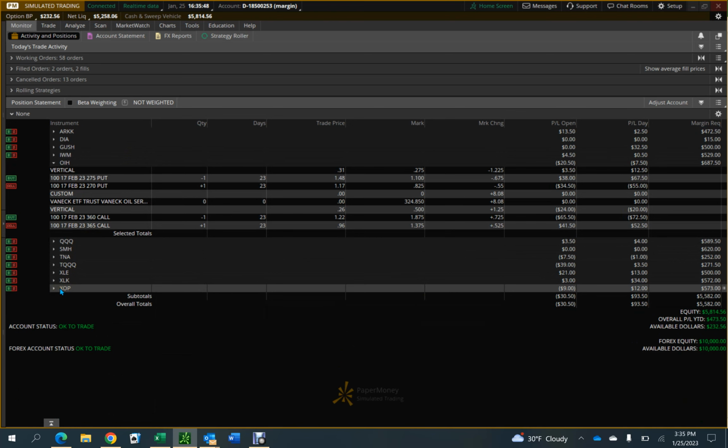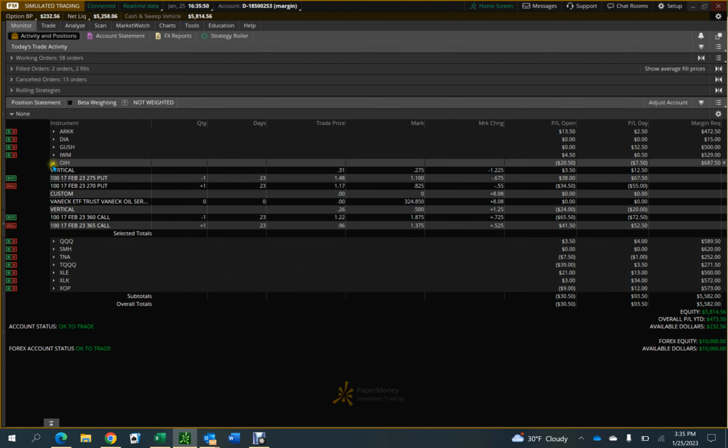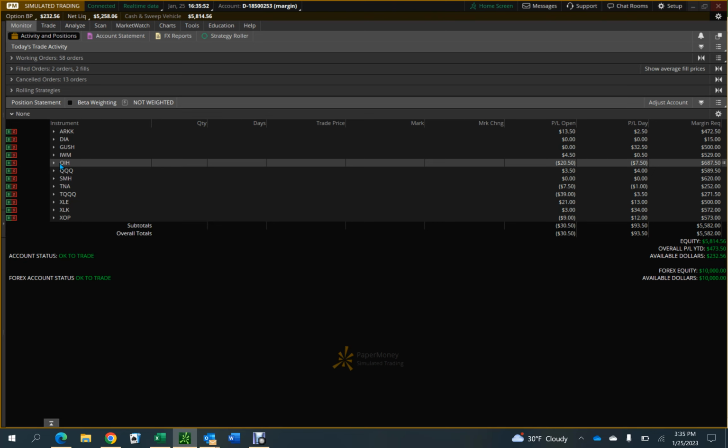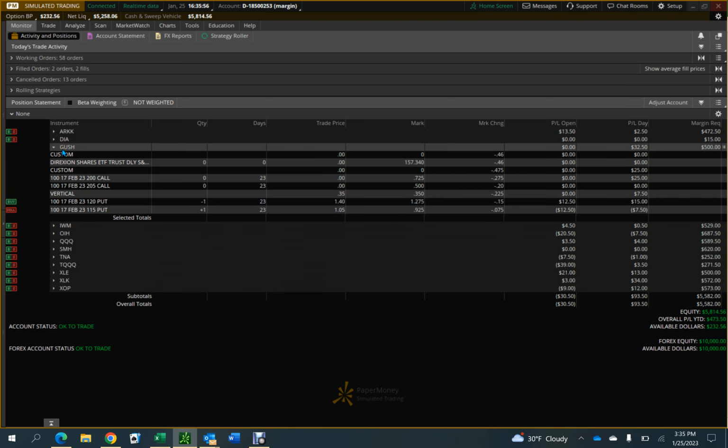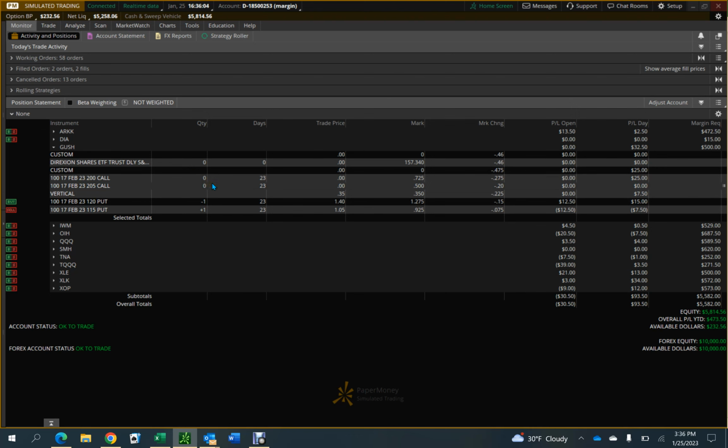Close that. And I'll close OIH. I don't need it either. But I do know the GUSH. Here's what it looks like when one side of the iron condor is gone as a zero quantity. In this case, I know that we sold that originally for 30 cents and we bought it back for a nickel.